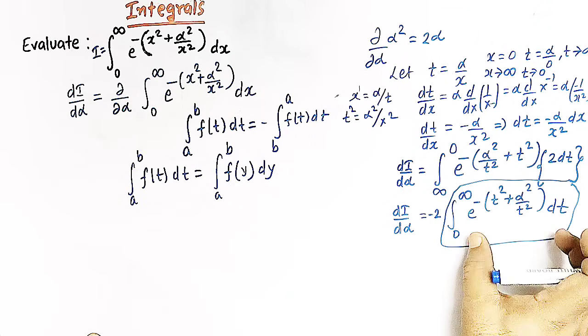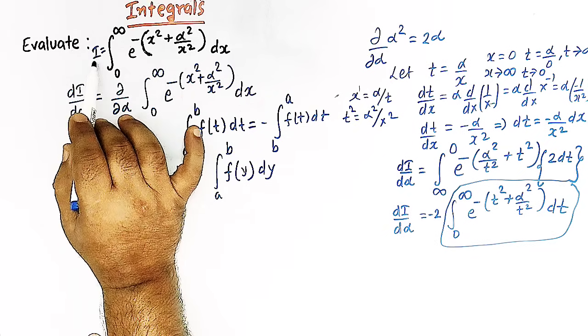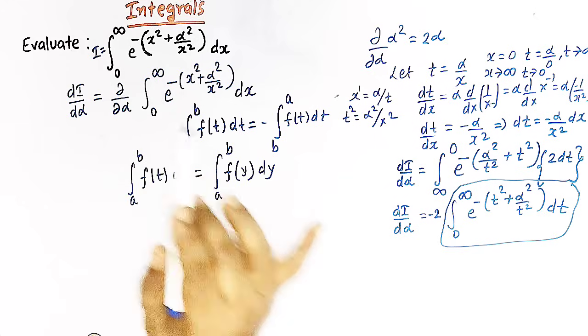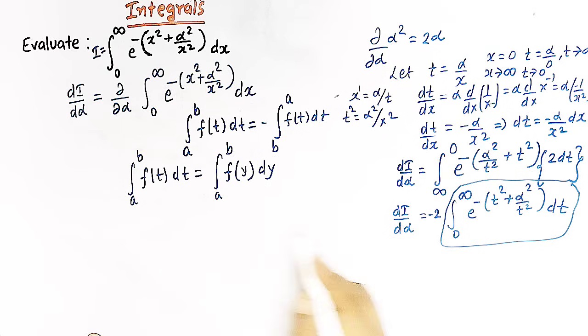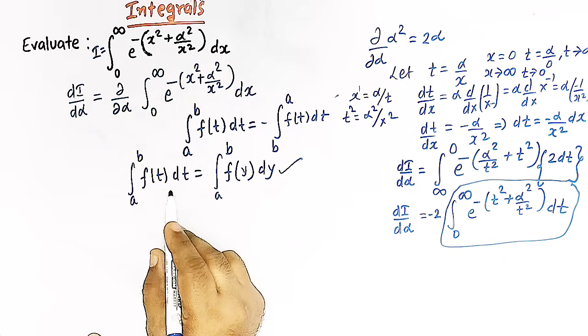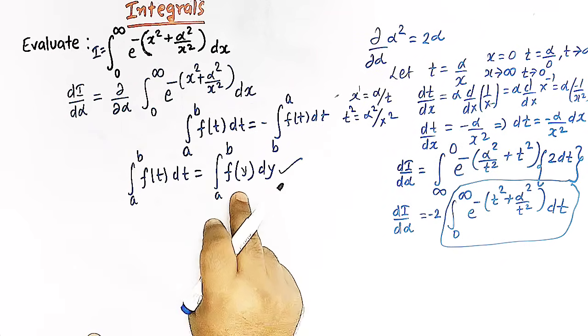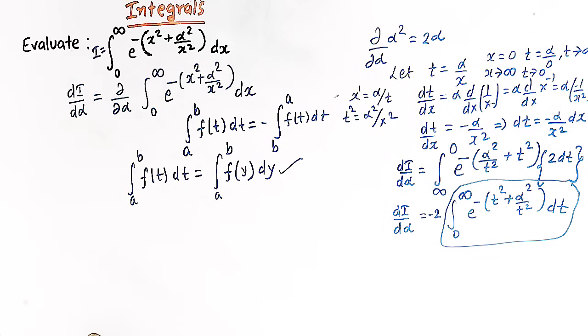So this integral can be taken as I, because here the variable is x and here the variable is t, right? So from this property of definite integrals, where we change the variable and the value remains the same, we have here minus 2 times I. So we have dI over d alpha is equal to minus 2I.